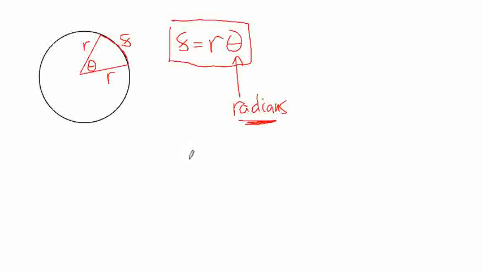So the fraction of the entire circle associated with theta. Well, the entire circle is associated with 2 pi radians. So theta over 2 pi is the fraction of the entire circle associated with that angle. And I'm saying that that's equal to the arc length divided by the circumference.